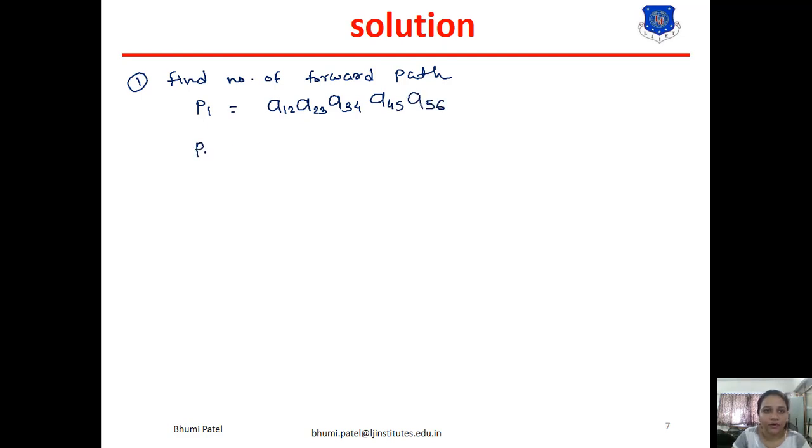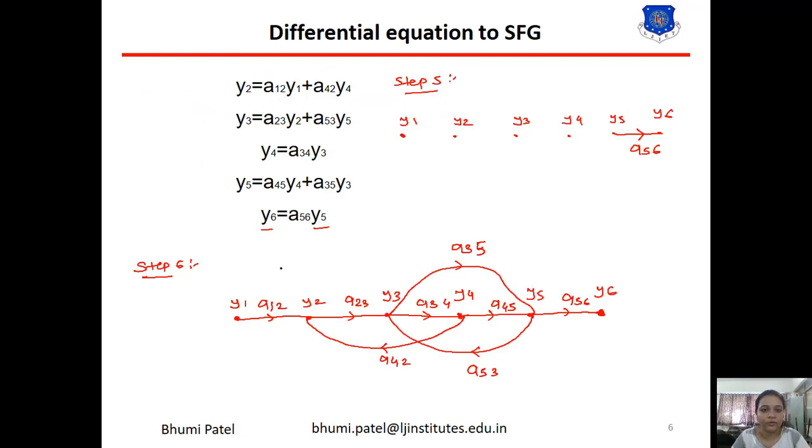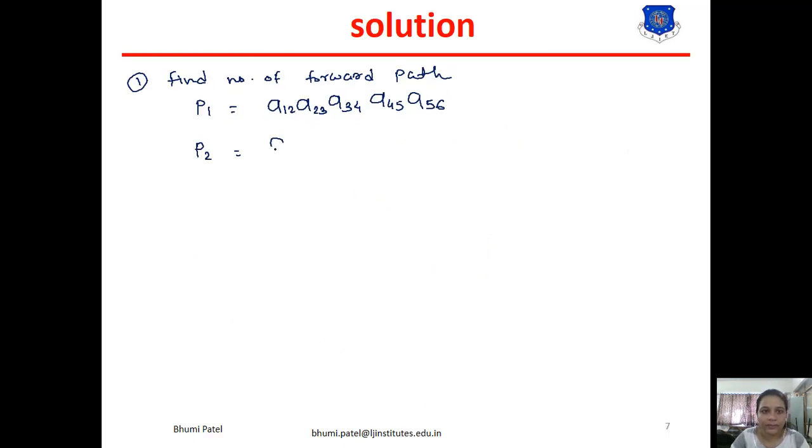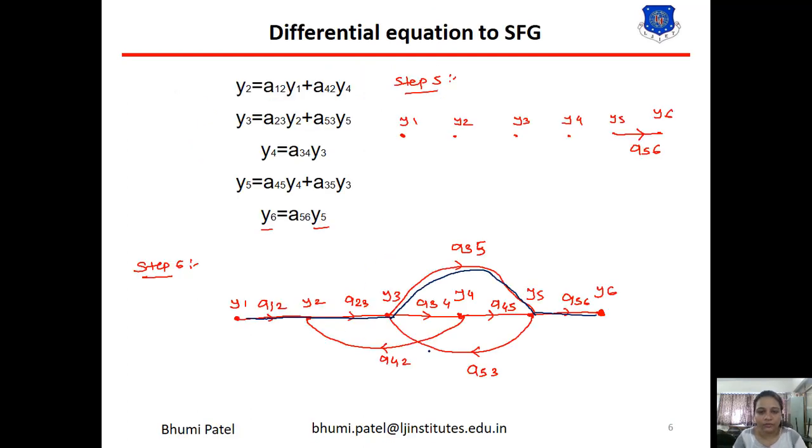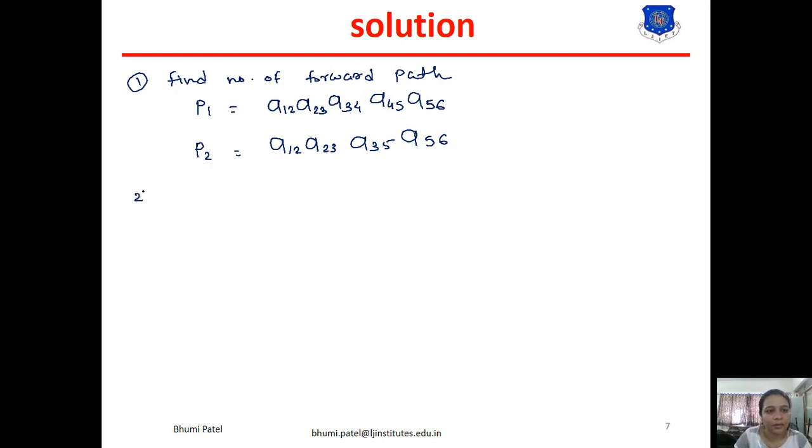Now the second forward path P2 is equal to a12, a23, a35 and a56. So the second forward path is a12, a23, a35 and a56. Now there is no third forward path in this example.